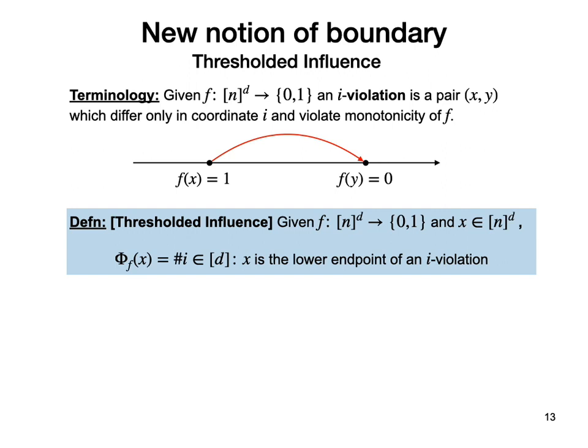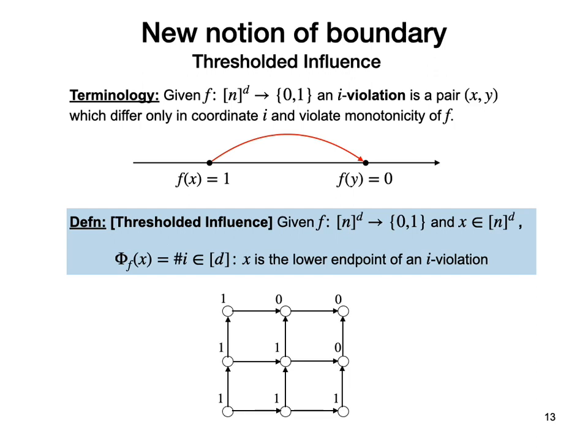Now the thresholded influence of a function f at a point x, denoted by phi sub f of x, is simply the number of coordinates i for which x is the lower endpoint of some i-violation. For instance, here is a function on a 3x3 grid, and in red, let me highlight the value of the thresholded influence at every point.